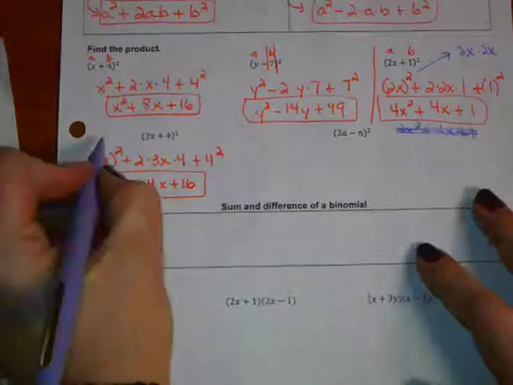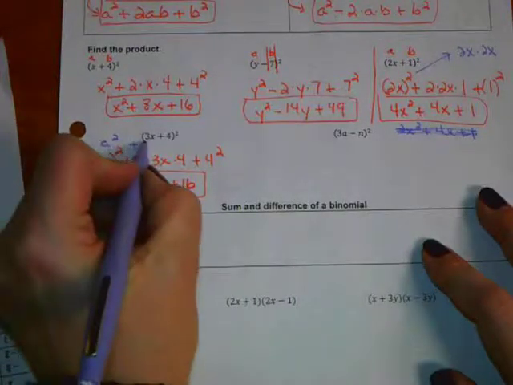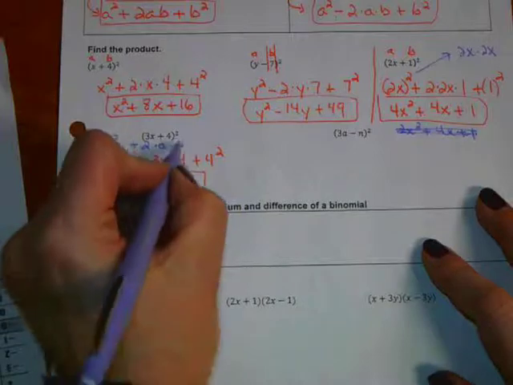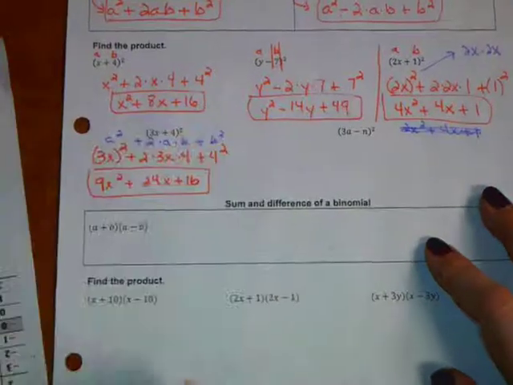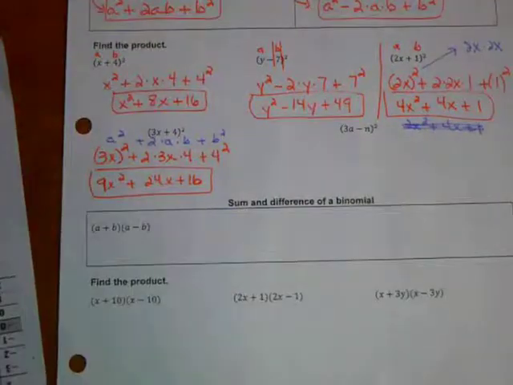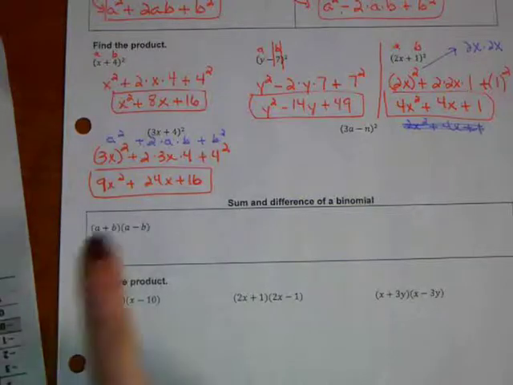Remember, here's the pattern. It's a squared plus 2 times a times b plus b squared. And it's exactly what I filled in there. And then I simplified each term.